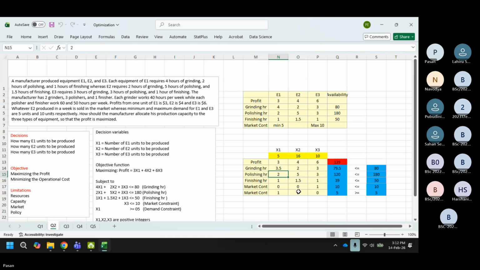So that is this example here. And any questions? I hope you guys can identify this, right? Give me a second.